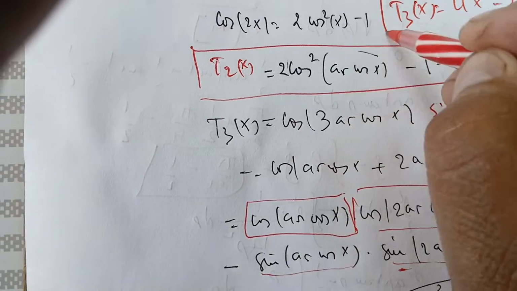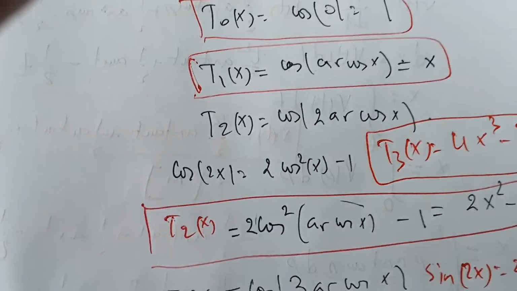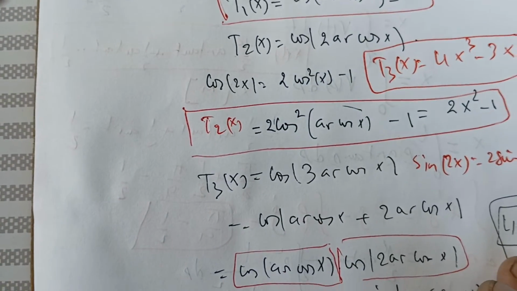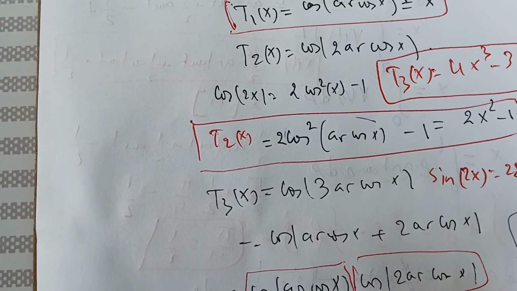So we get the first few polynomials of the Chebyshev. If you keep working, the matters will get complicated.